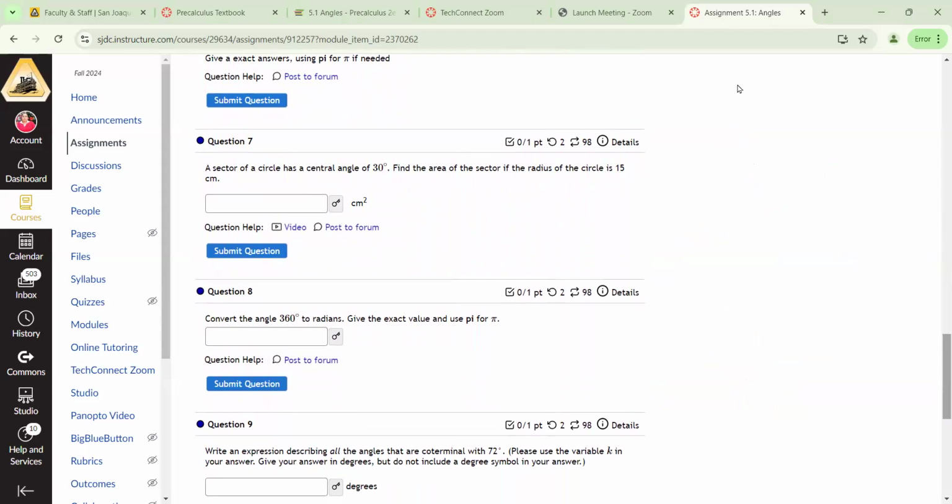So we are given the radius, we are given the angle, and we are finding the area of the sector. If you remember, I shared with you the area of the sector formula from the book, showing an angle and all that. It was 1/2 theta r squared that we will be using here.